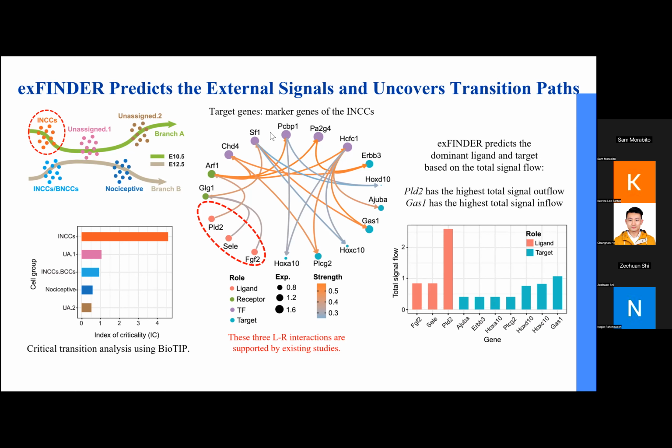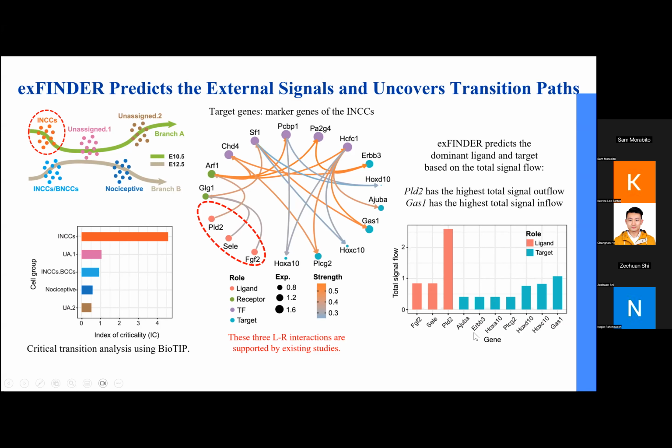And then Expounder showed us which one has the highest total signal outflow. So PLD2, this ligand, this signal has the highest total signal outflow. Compared to the other two, this is the dominant external signal.